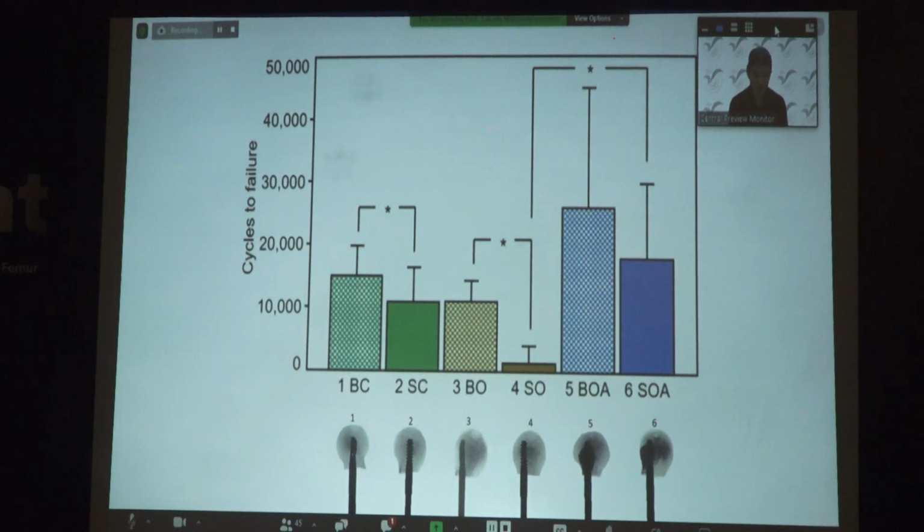And here are the results. So in the center, the blades seem to be stronger than screws in every series. Blades off center was stronger than the screw off center, and blade off center augmented was not significantly stronger than the screw off center augmented.